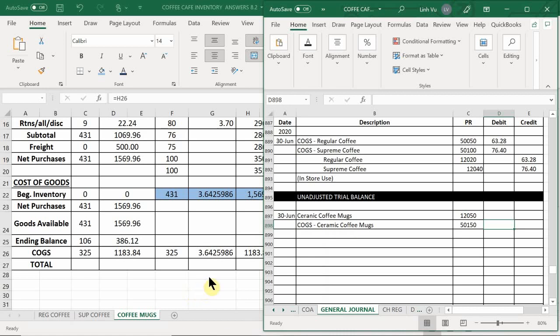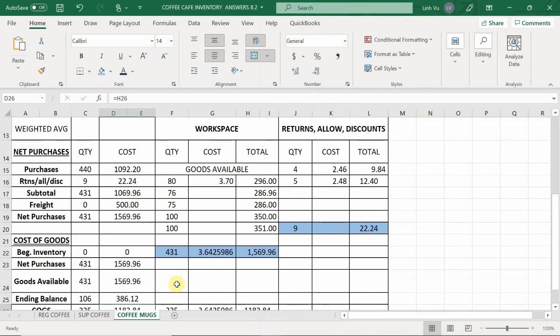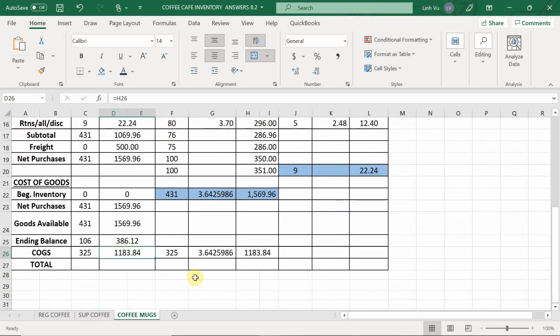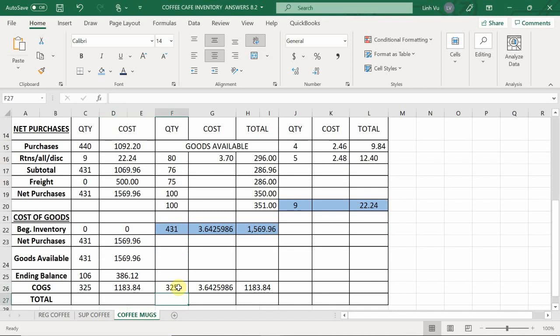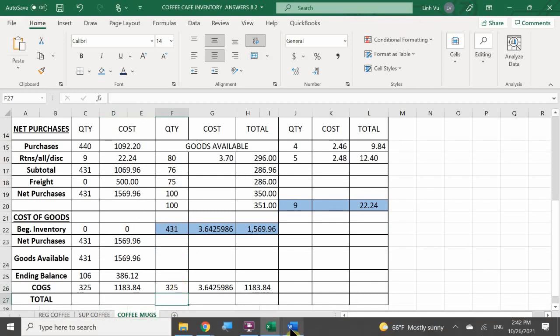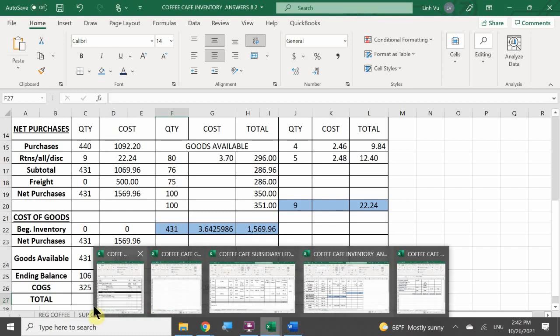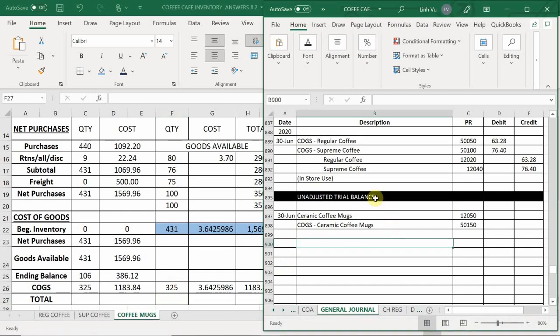I know we're missing something. How do you convert from an expense to inventory?